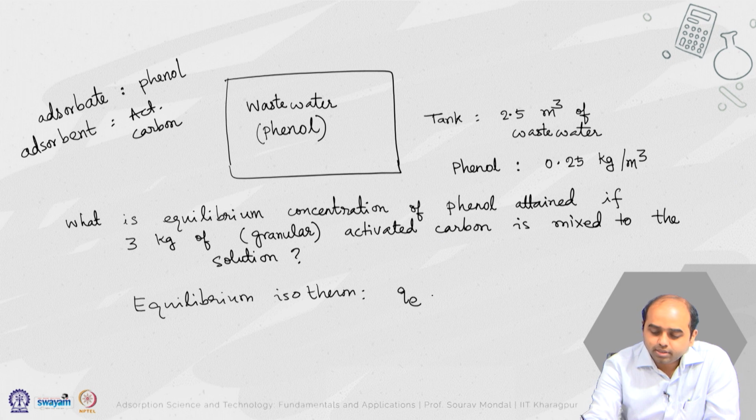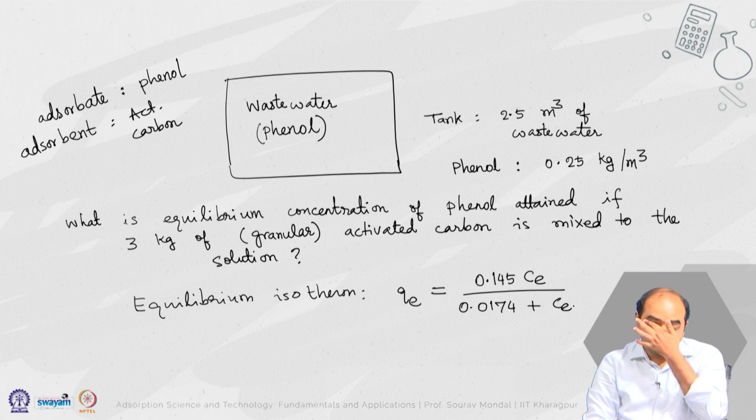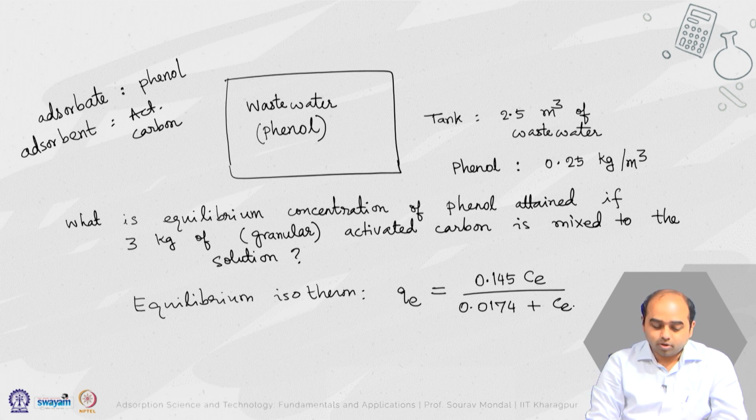This QE is represented as 0.145 CE by, so this is the classical Langmuir isotherm model, or the two constant model.